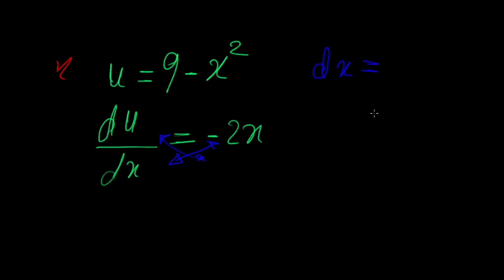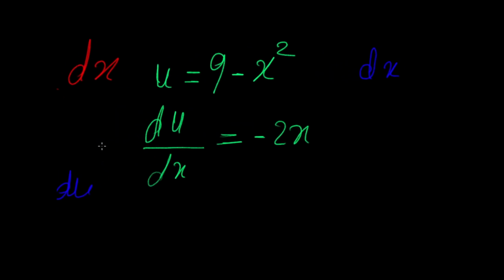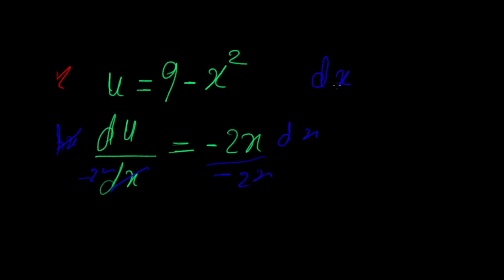Basically, take the negative 2x to the denominator and the dx up here. Or let's just do it step by step. Multiply dx by both sides, then divide both sides by negative 2x. We'll end up with dx equal to du over negative 2x.